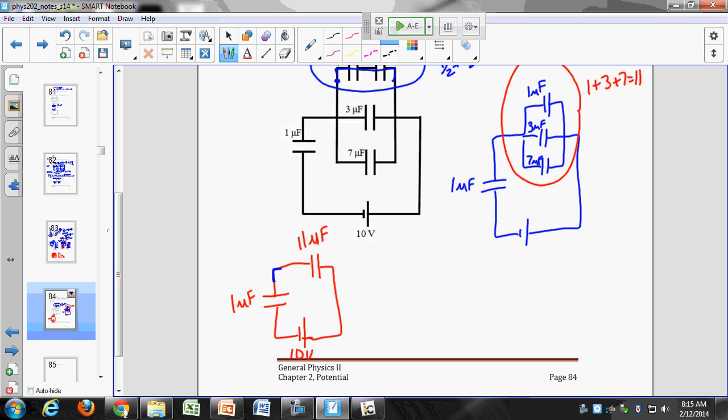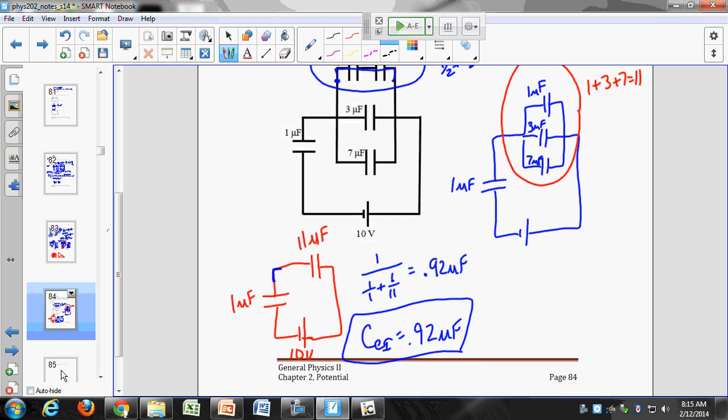And so now if I want to find the equivalent of that, I say 1 over 1 plus 1 over 11. I think I got 0.92. Is that what it is? 0.92 microfarad. So my equivalent capacitance on this is 0.92 microfarads.